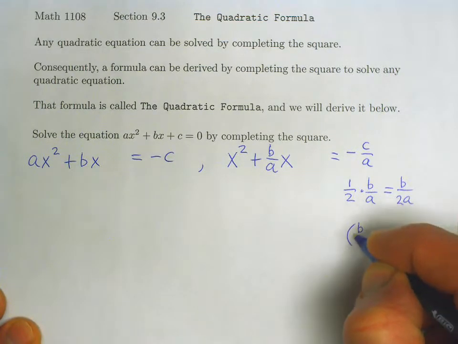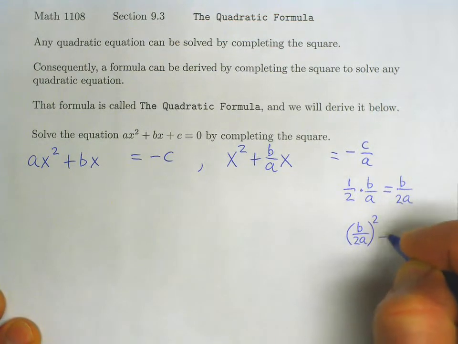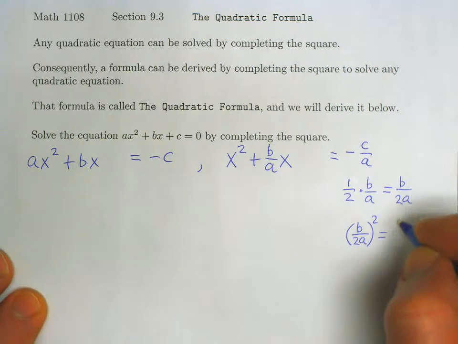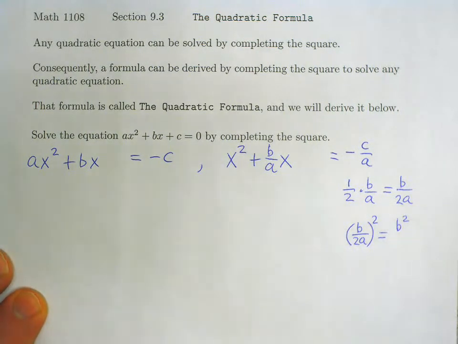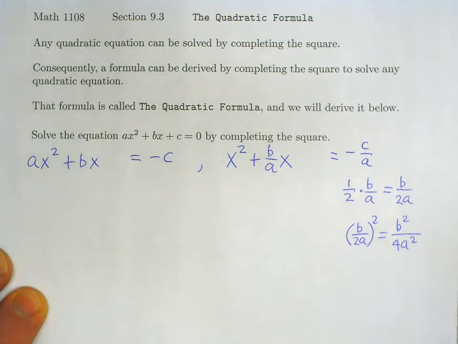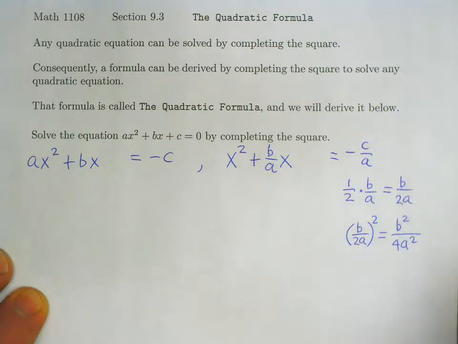When we square the quotient b over 2a, that just means b over 2a times b over 2a. So the numerator is b to the second, because b times b is b to the second. And in the denominator, 2a times 2a is 4a to the second. Okay, so b to the second divided by 4a to the second is what we add to both sides of this equation.